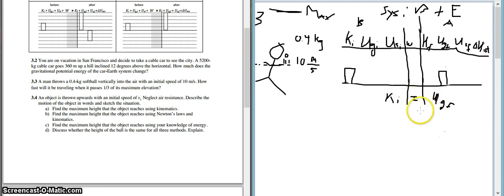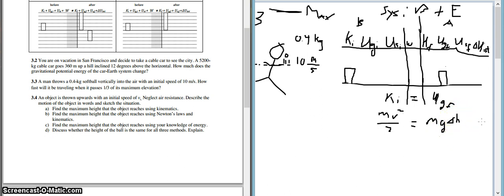Now, we know that kinetic energy is just 1/2 mv squared. And this is equal to gravitational potential energy, which is just mass times g times delta h.